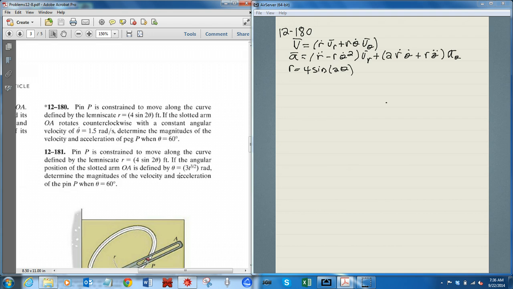Theta dot is 1.5. Okay, what are you going to do about that now? You know theta is 60 degrees, okay.